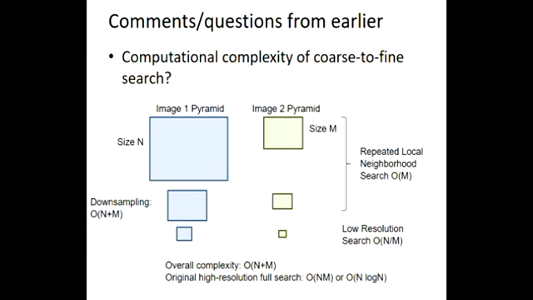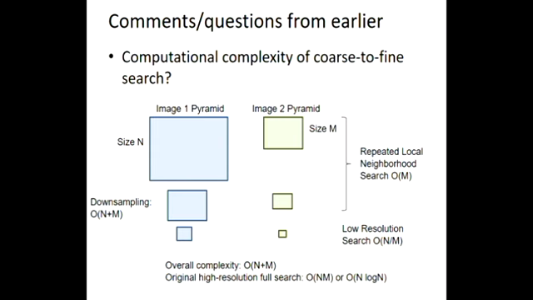You have to do downsampling to create the pyramids, which should be O of n plus m. Because if you're downsampling by a factor of 2 every time, it'll be O of n the first time you downsample, then O of n over 2, and O of n over 4. If you sum all of those up, it's still O of n.